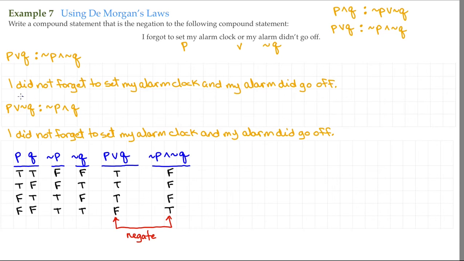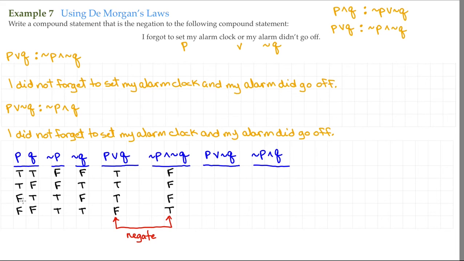The same will appear when we do it for these two statements here. It winds up coming out to be the same compound statement as we read it out. So let's build the truth table for P or not Q. And then we'll do the truth table for not P and Q. Again, the only time that this is going to be false is if both of these are false.